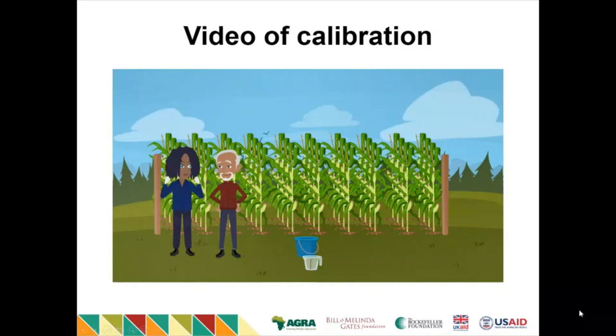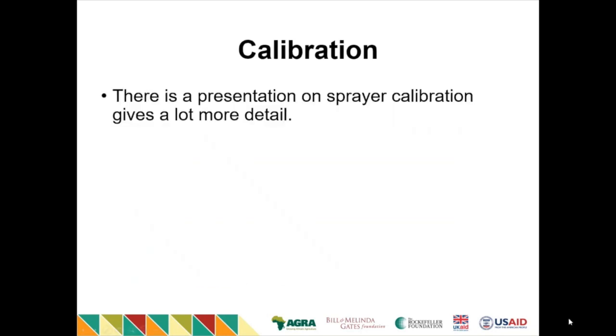And unless we are able to teach farmers how to do this, or we calculate this ourselves as trainers and then give the information to farmers, it is vitally important that one has this information and that the correct dosage is applied. We have presentations on sprayer calibration that you can download from the website, and they will give more detail on sprayer calibration that you can have a look at.